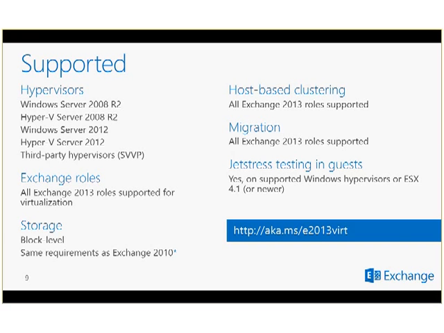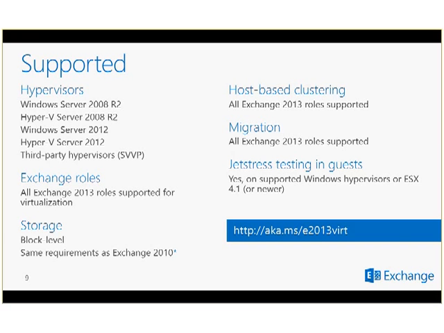We also support third-party hypervisors via the Windows Server Virtualization Validation Program, the SVVP. And that is essentially a program that our partners in this space have the option of participating in that provides supportability for Windows Server as well as various Microsoft Server applications that have chosen to participate in the program, including Exchange.